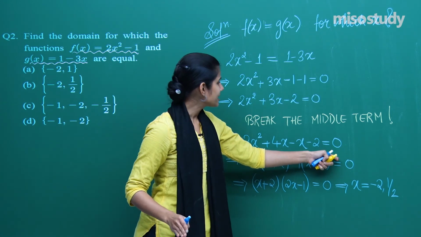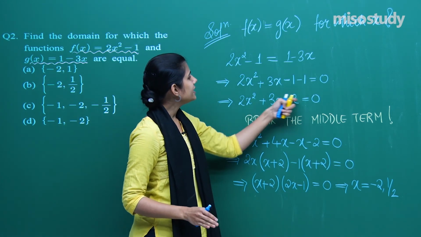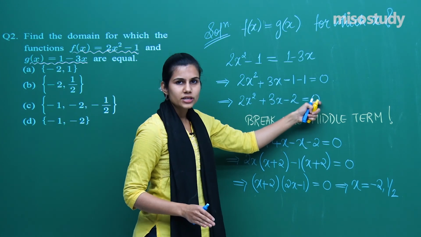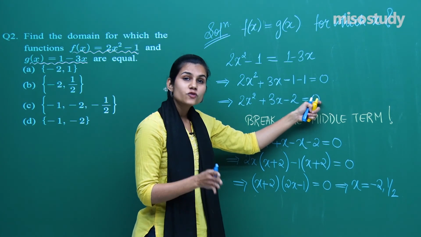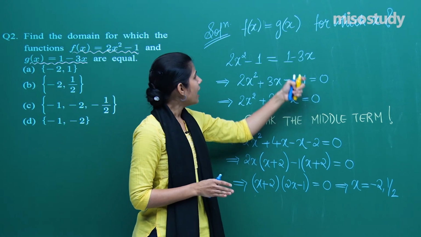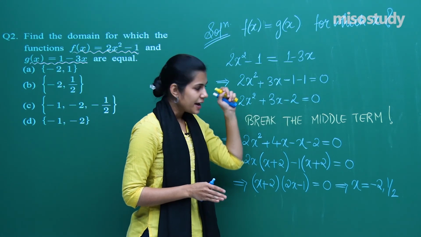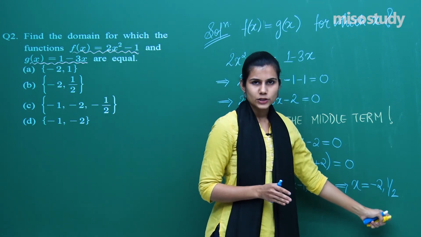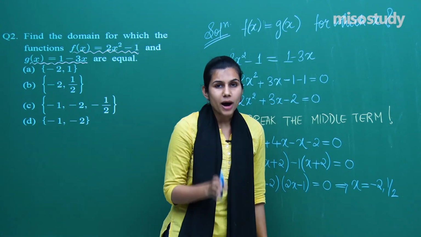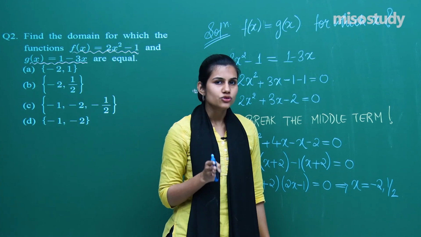And for the same x's, I am getting LHS equal to RHS, which is 0, which means for these two x, I am getting f(x) equal to g(x). And thus, it is these two x which have the power to make f(x) equals g(x).